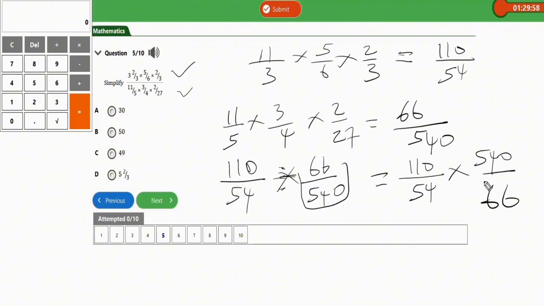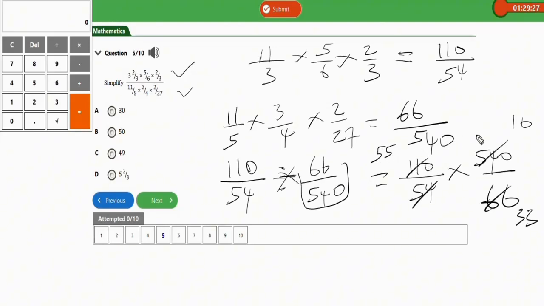You can begin to write down now, all right? So when you divide 540 by 54, you're going to have 10. So this cancels itself, you're going to have 10 here, all right? What else can divide? 2 can divide this one, 2 into this, we have 33. Okay, 2 into this, we have 55. All right, any other common factor?